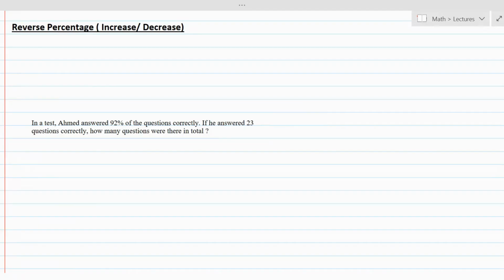The reverse percentage concept is applied when we have the increase or the decrease value given and we are supposed to find the original value.